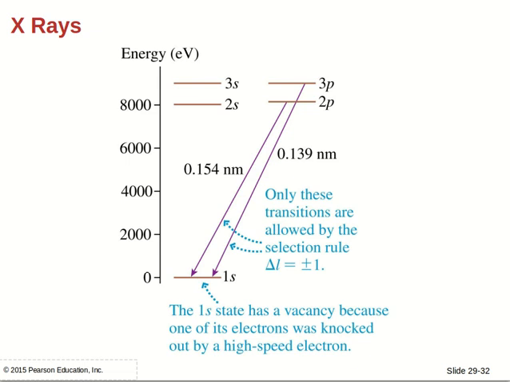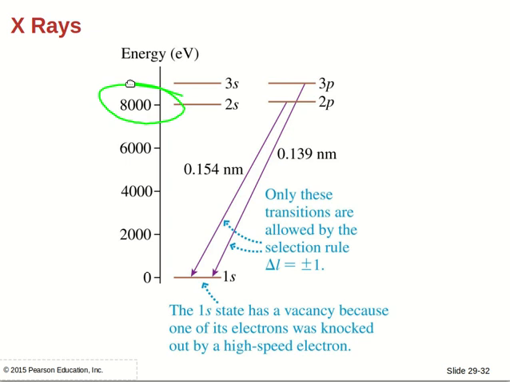In this particular state, you see that the energy of those states is quite high indeed. The energy is listed along the y-axis here. The 2s state and the 2p state are around 8,000 electron volts, which is 8 kiloelectron volts, which is in the X-ray range.